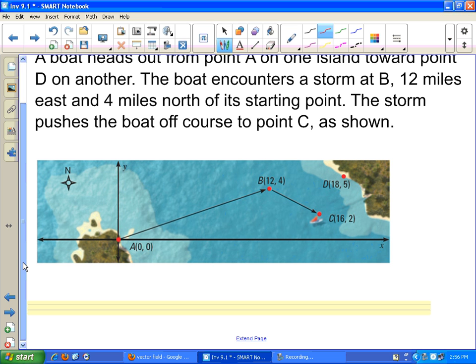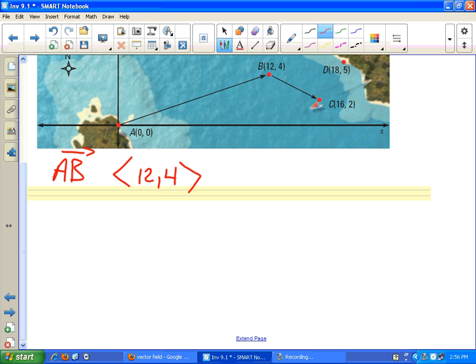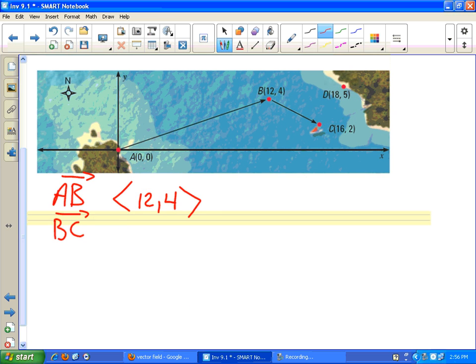Okay. All right. So A to B. What is the vector component going from A to B? 12, 4. All right. How about if I went B to C? 4, -2.